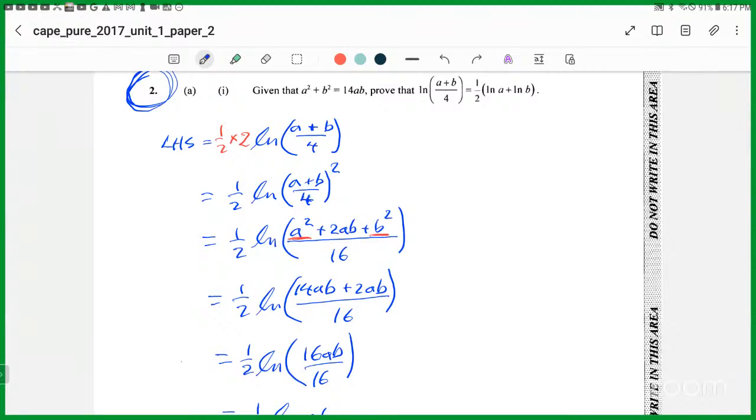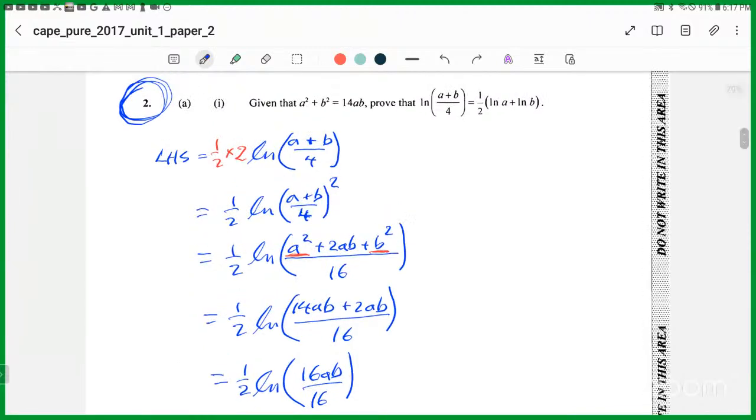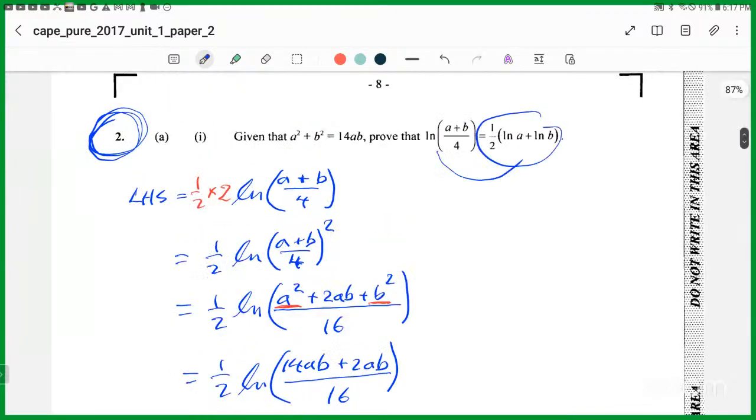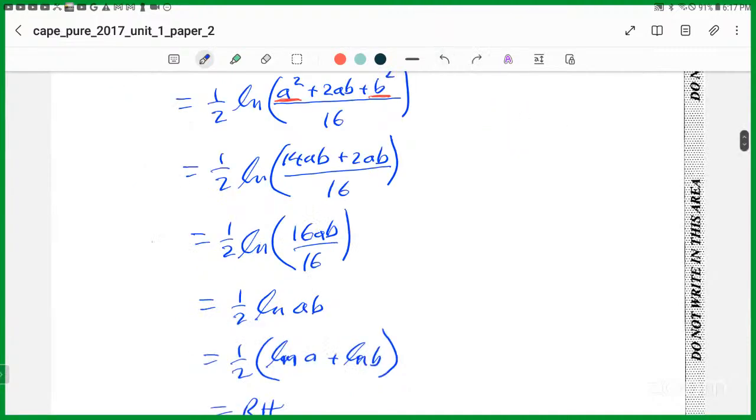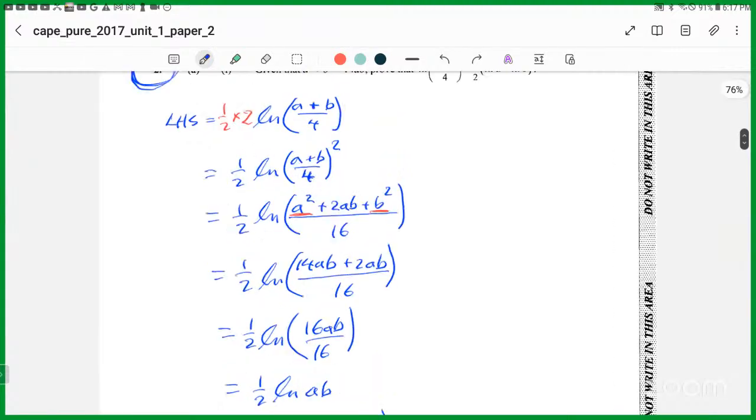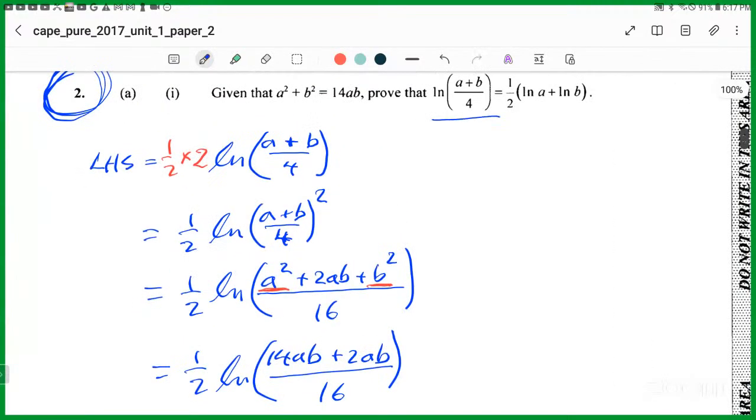Sir, can you do the right-hand side first? You start here, so I reckon was that. All right. Yes, I guess you can, it's easier to go from this to this. But I don't think CXC... I think when they set a proof like this, guys, you really want to go from left to right.